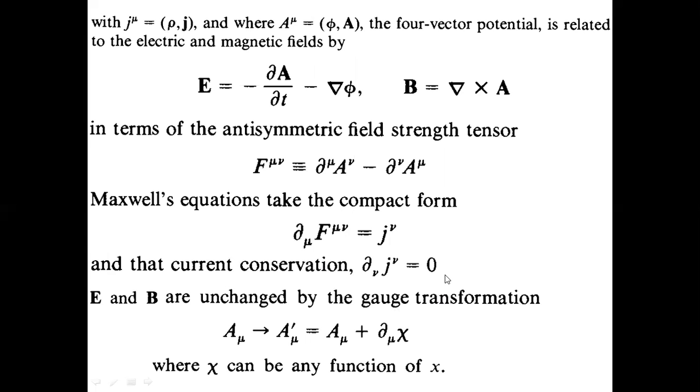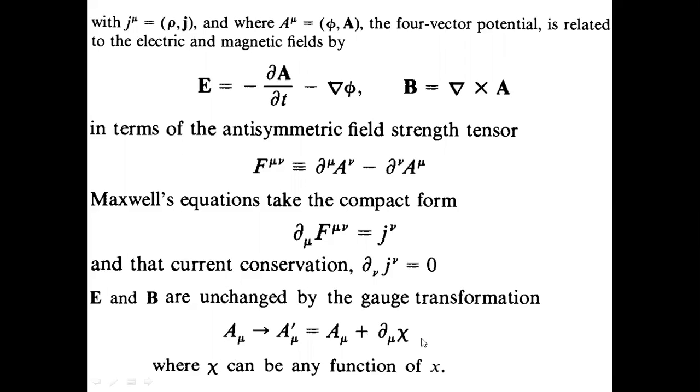Now, these are all fundamentals of electrodynamics, which I think is done already in your courses. What is important is that the fields E and B are unchanged under a gauge transformation. Okay, so this is a gauge transformation. Chi is simply a function of x. Simply the fields are unchanged under a gauge transformation.